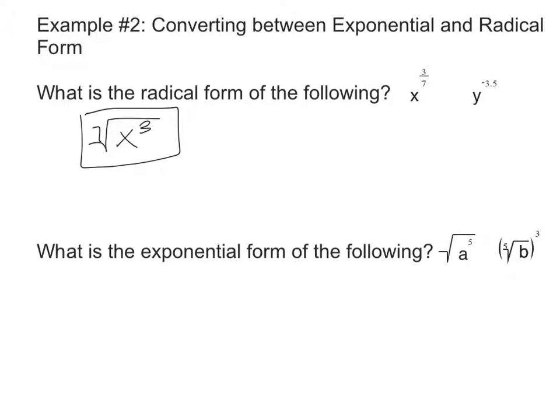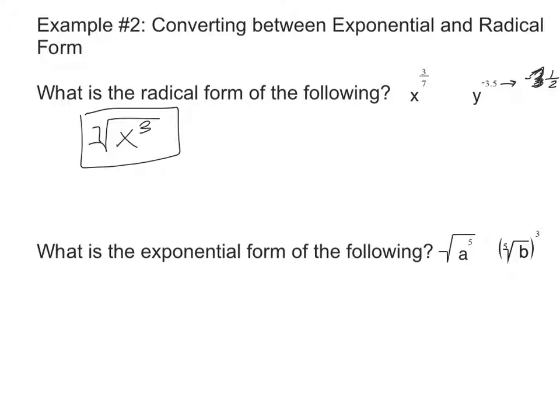The second one, however, I think it'd be easier to see if we wrote negative 3.5 from decimal form to fraction form. Just in case we've forgotten how to do that, negative 3.5 should be negative 3 and 1/2. We wouldn't want to see it in mixed form, we'd want to see it in improper form.